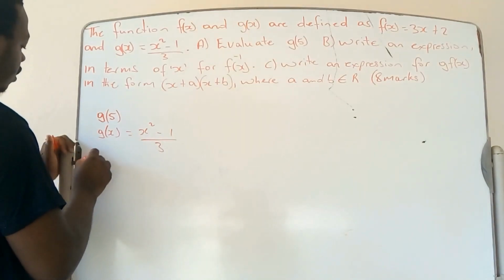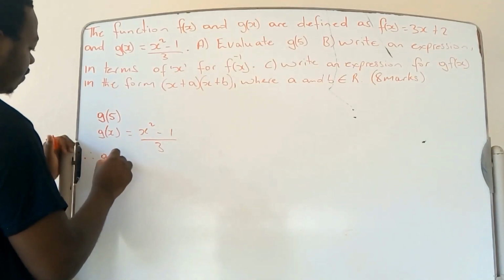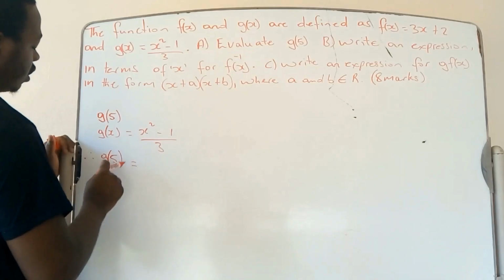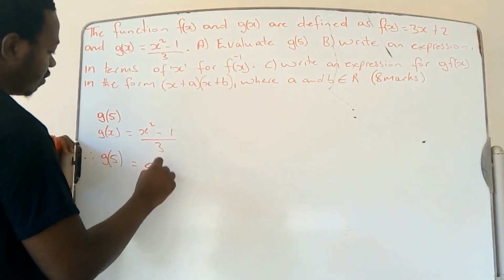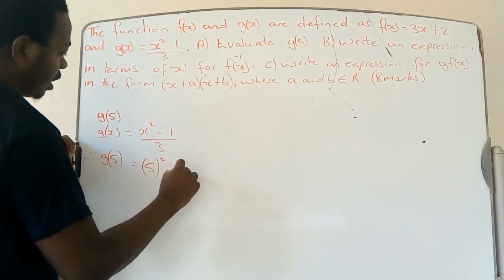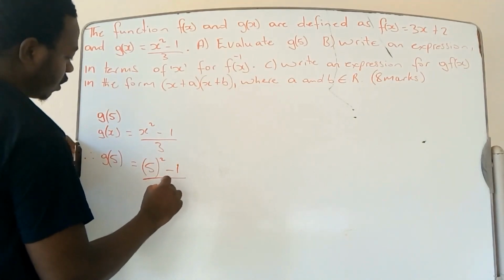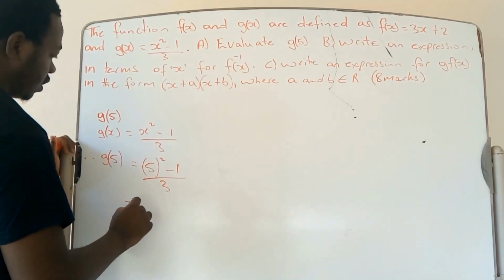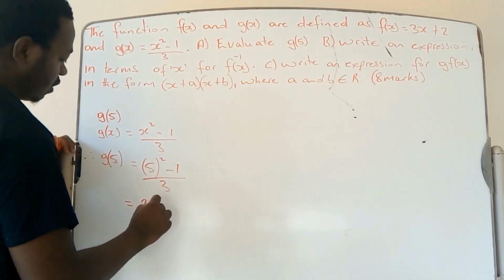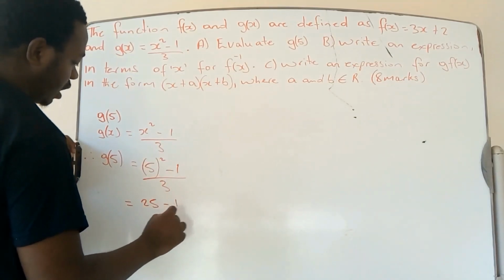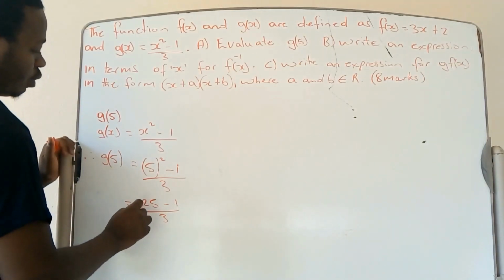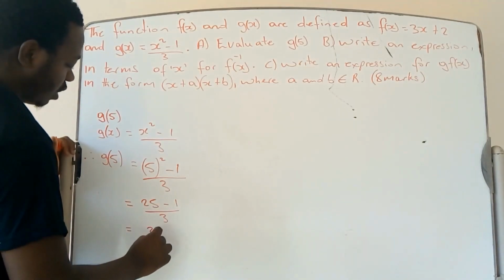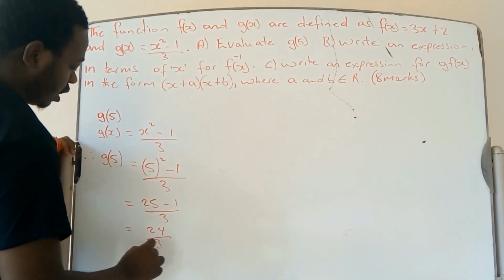So therefore, g of 5 is equal to, anywhere you see x, replace it with 5. So that is going to be 5 all squared minus 1 all over 3. 5 squared, that gives us 25, minus 1 all over 3. 25 minus 1, that's 24 over 3.